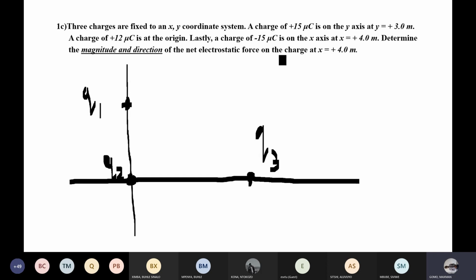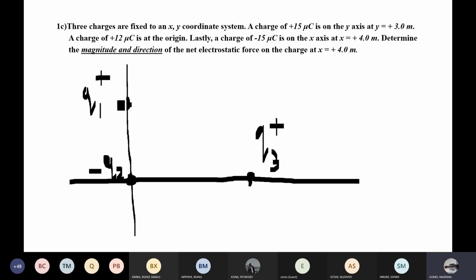So what you should know is that particle number 1 is a positive one. Particle number 2, it's a negative one. And then particle number 3, it's a positive one. So you have been told that positive charges repel each other. Then negative and positive attract. So what is going to happen around this particle here?